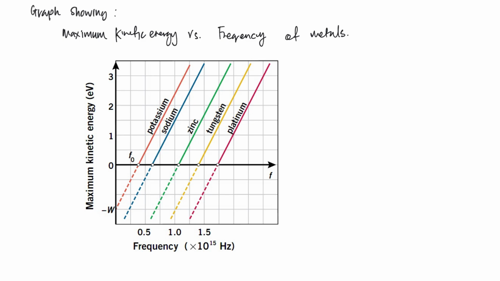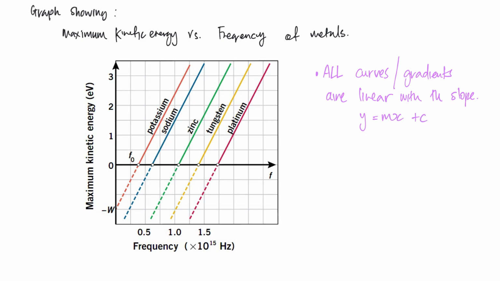of metals. So when we're looking at this kind of graph, the first thing that we need to notice is that all the curves or gradients are linear, right? So they're linear with the slope, which means we can use y is equal to mx plus c. We're going to use our linear function in order to calculate the slope.